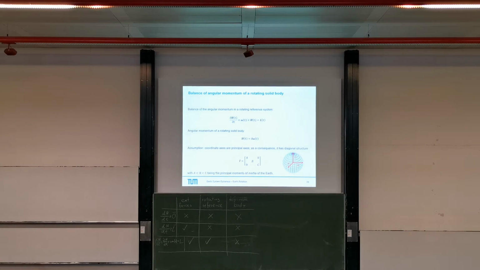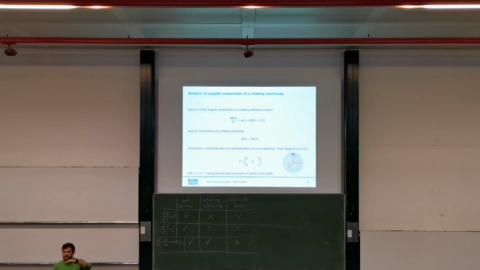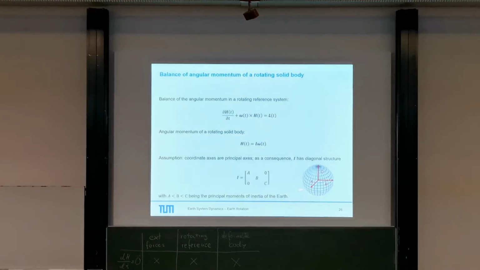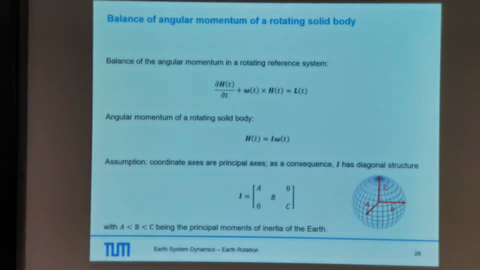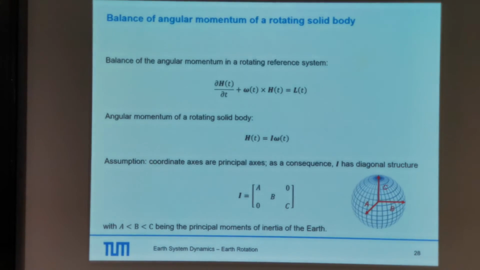And for sure, these A, B, C quantities describe more or less the lengths along the x-axis, the y-axis, and the z-axis. And you see for sure that, since the Earth is a deformed sphere, the A and B quantities are nearly equal, since we have a more or less rotational symmetry in the equatorial plane.